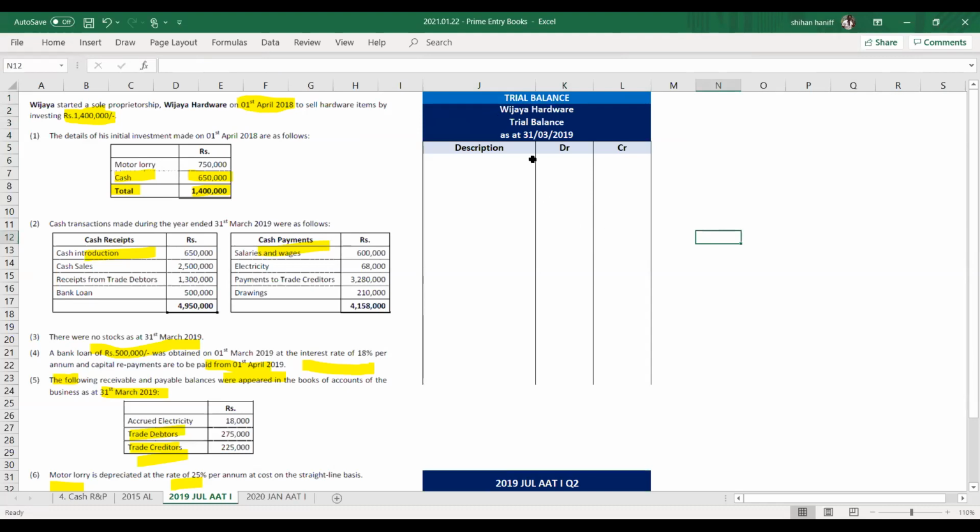Trial balance as at 31st March 2019. Then we also need ledger accounts: electricity, debtors and creditors.